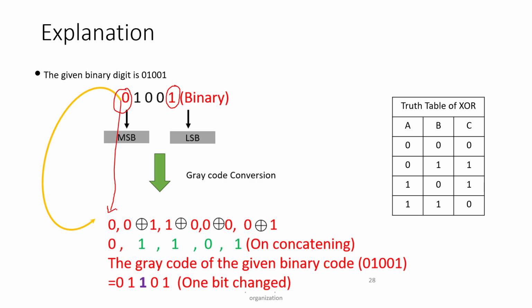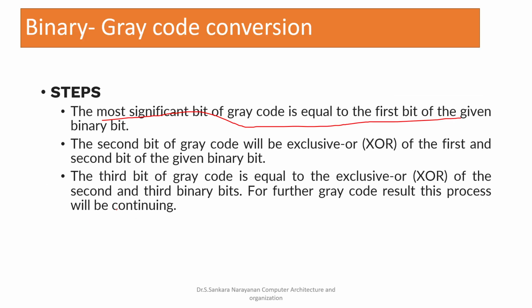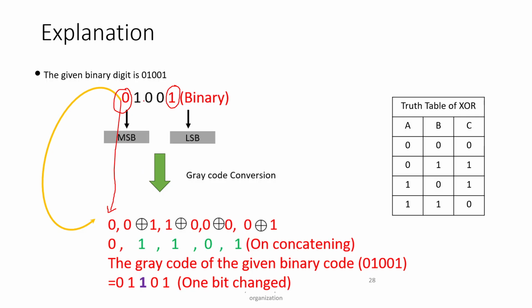The second bit of the gray code will be the exclusive OR of the first and second bit of the given binary bit. So this is the first bit and this is the second bit, 0 XOR 1. And this is the XOR table.